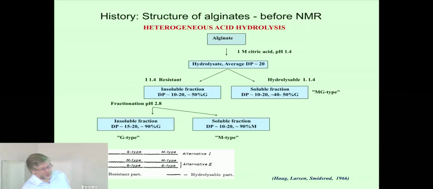And this hydrolysate could be separated into two fractions. One fraction was insoluble, and it was termed the resistant fraction because even with prolonged hydrolysis, this material did not degrade very much more. It was found that the dP was about 10 to 20, and it contained about 50% G. At that time, they had a very slow biochemical method for M and G. I will not explain why, because nobody is using that anymore.